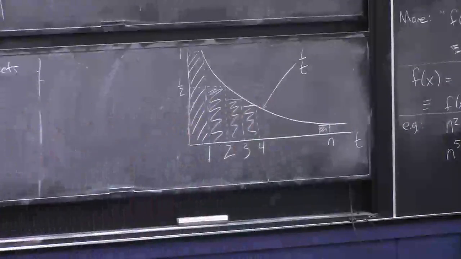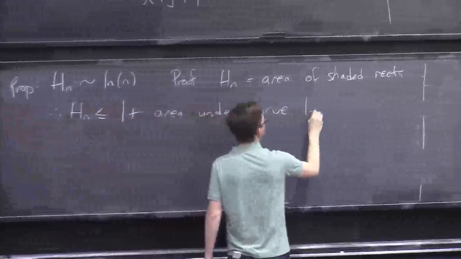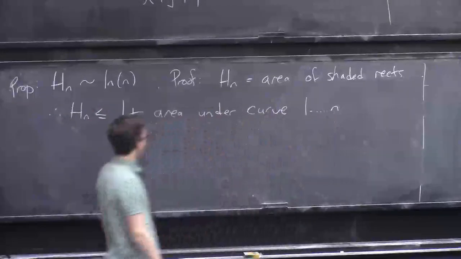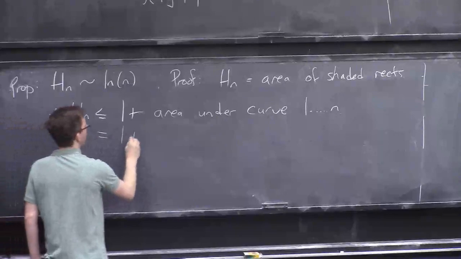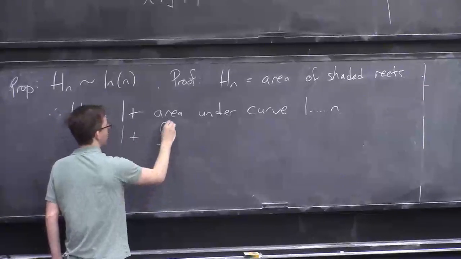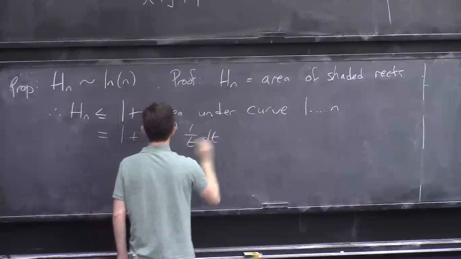So this is the area under the curve from 1 to n. And now we use calculus. This is 1 plus the integral from 1 to n of 1 over t dt.